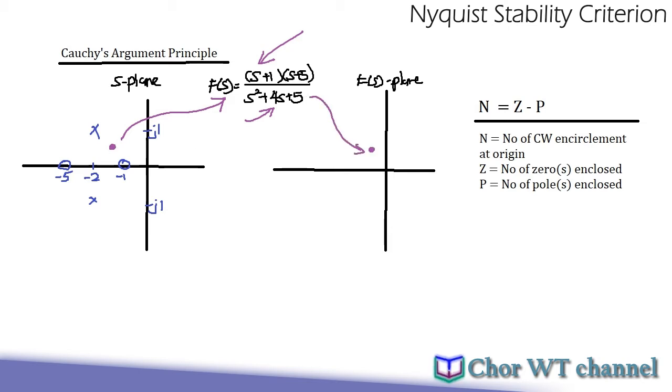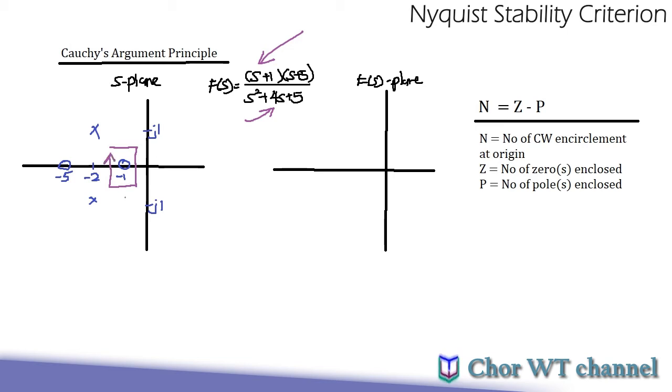If we jump to the next point and do the same thing again, that translates to another point, maybe somewhere here. If we do it repetitively, it becomes a path, something like this. And this path must be enclosed in a clockwise direction.